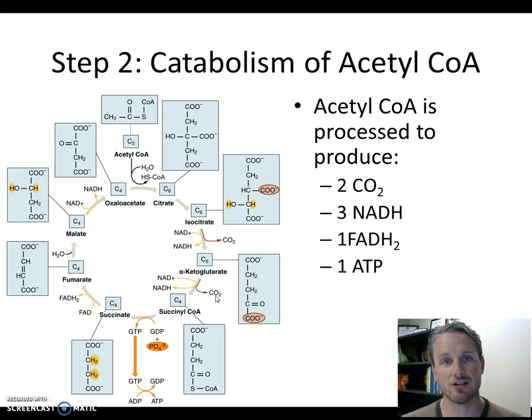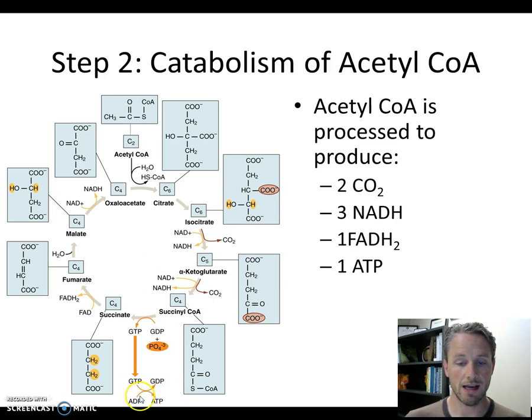Again, these catabolic reactions, they release energy. So we're going to create some energy carriers. We produce an NADH here, another one here, and a third one up there. So along the way, we're going to make 3 NADH molecules. We also make one of these FADH2 molecules. It behaves just like NADH, and we produce it right here. And then lastly, we also produce an ATP molecule.